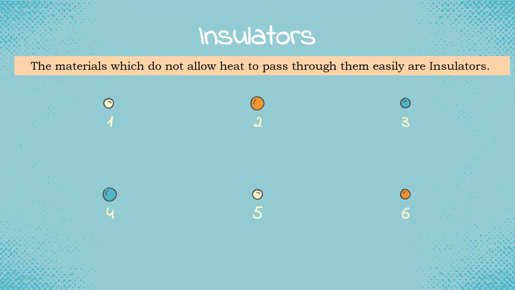The materials which do not allow heat to pass through them are called insulators. The insulators that I'm going to give you don't allow heat to go through them: glass, paper, rubber, plastic, wood, and styrofoam.